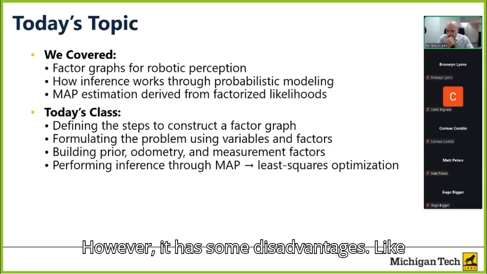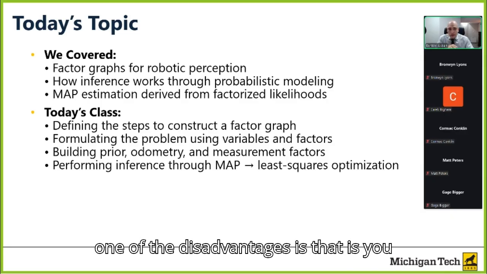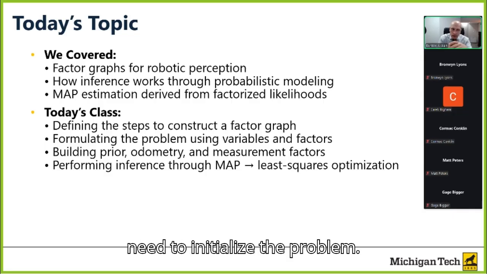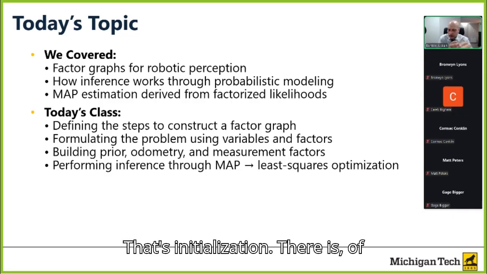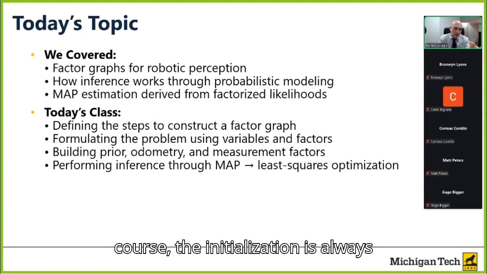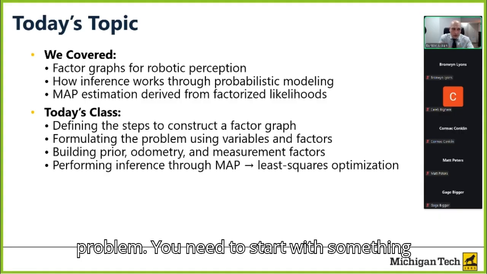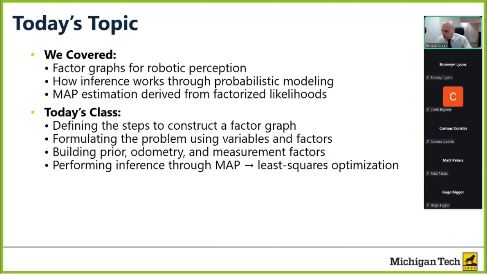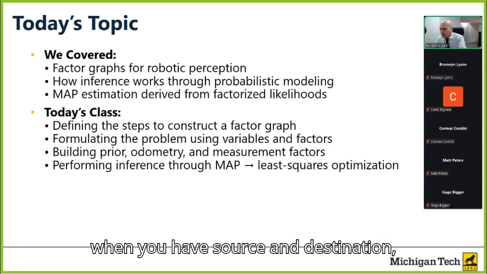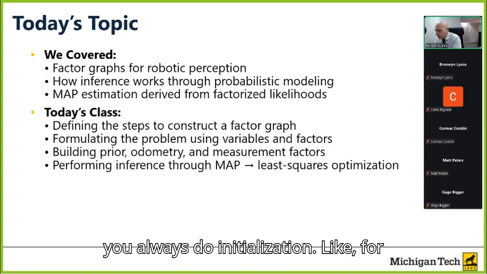Okay. However, it has some disadvantages. One of the disadvantages is that you need to initialize the problem. Initialization is always a problem. You need to start with something and then make it better. For example, in path planning, when you have a source and destination, you always do initialization.